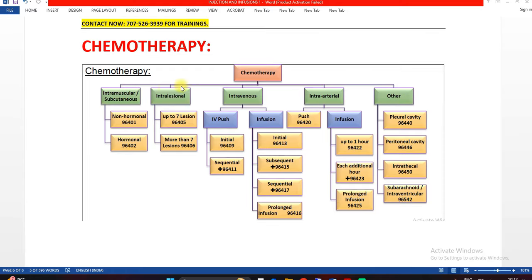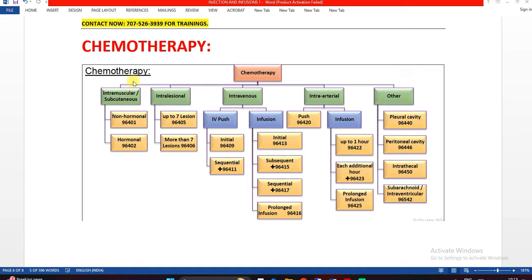If the patient receives intramuscular or subcutaneous, these are the codes. If it is intralesional, these are the codes. If the patient receives intravenous technique using IV push or infusion, these are the codes we need to use. If intra-arterial injection or infusion, these are the codes. Other than these four, if the patient receives any therapy, you need to use these codes.